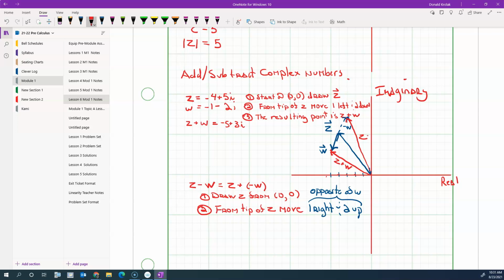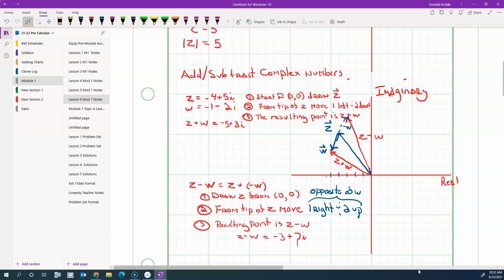That would be z minus w, which is negative 3, 1, 2, 3, 4, 5, 6, 7. So negative 3 plus 7i.